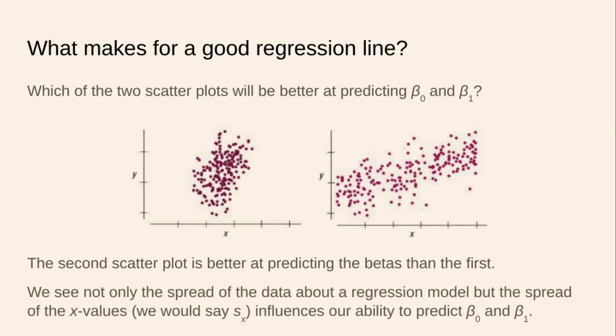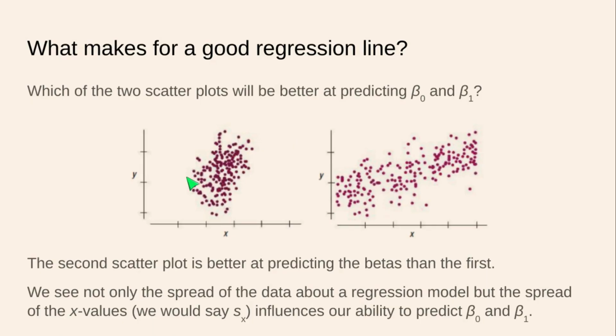We see not only that the spread of the data about the regression model, but also the spread of the x values influences our ability to predict beta naught and beta 1. So a small residual standard deviation, like we saw in the last slide, is good, but what's also good is for data to be spread out x-wise.